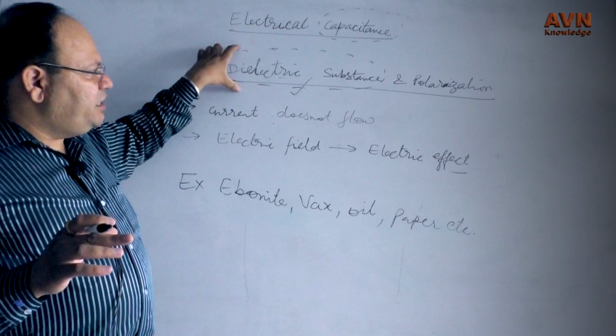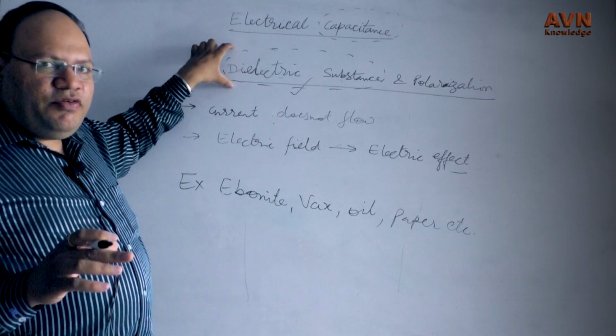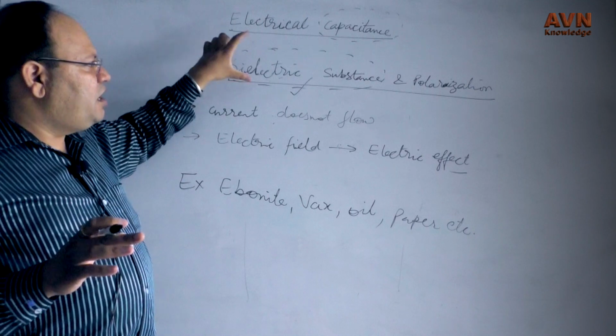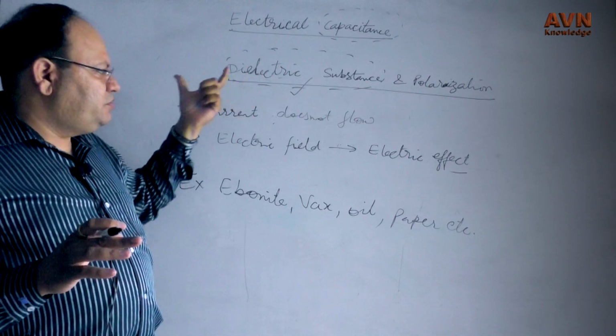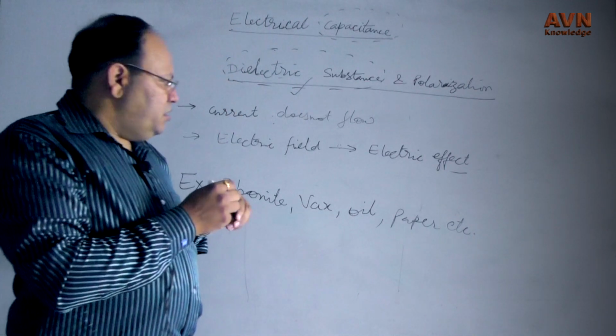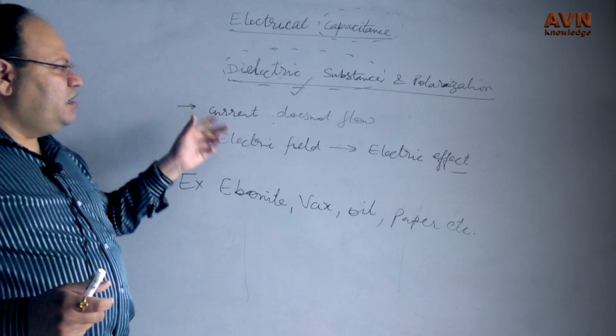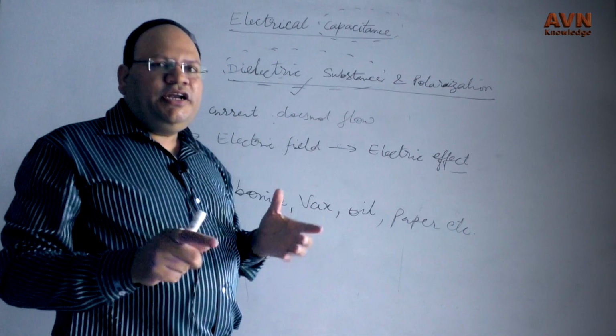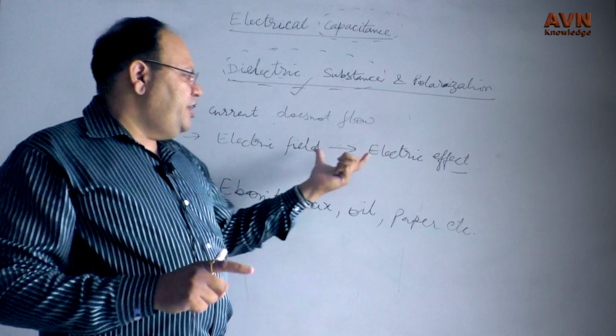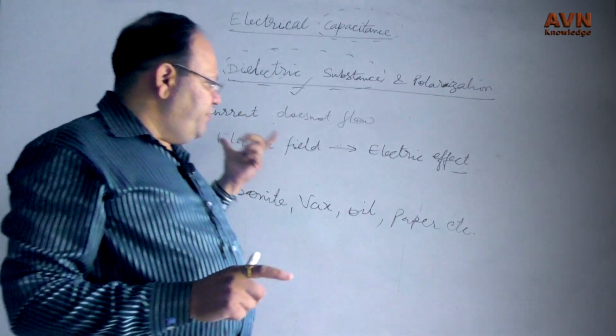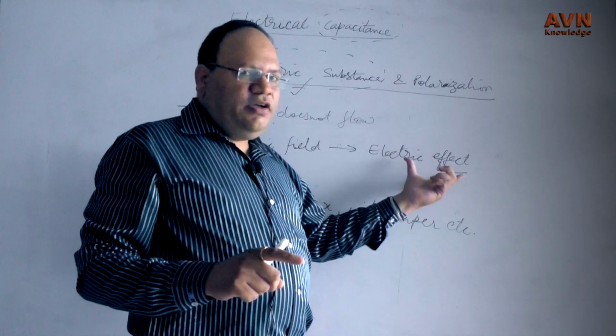A dielectric substance is a part of the insulator; all insulators are not dielectric substances. So we learn that in a dielectric substance current does not flow, but when you apply the electric field, the electric effect shows.